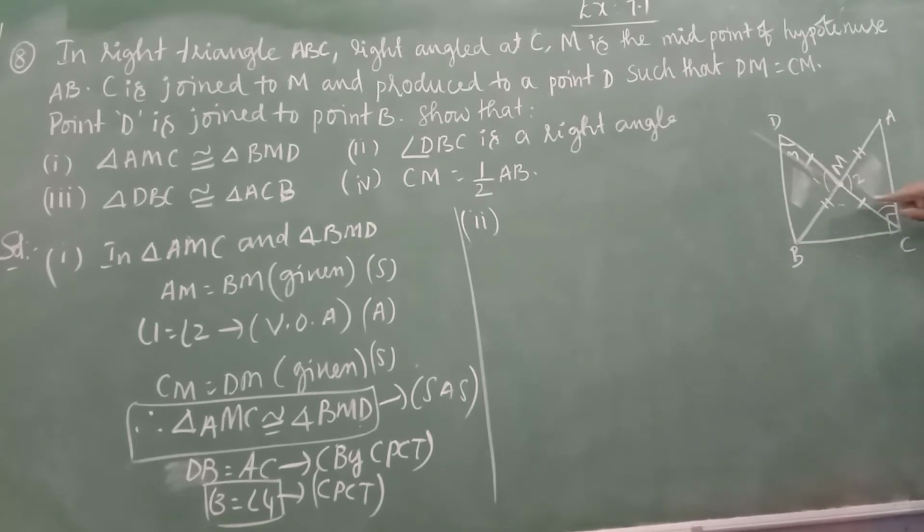BD and AC are both parallel to each other. BC is the transversal line. Clear? Now what do we call this angle C and angle B? This total angle and this total angle. What do we call those two angles for these two parallel lines?